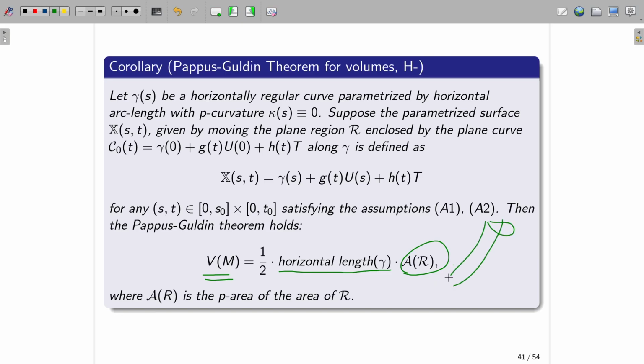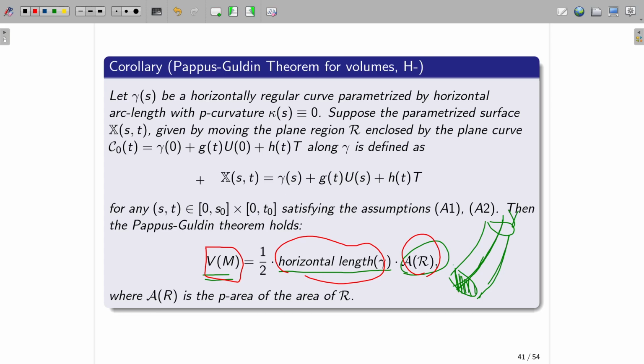By the previous result, we know the volume of the tube, and we also have the formula for the P area, and we also have the formula for the length of gamma. My idea is the proof actually is simple, just based on the previous results. I've checked that because I have already had the three things: the volume, the horizontal length, and the P area.